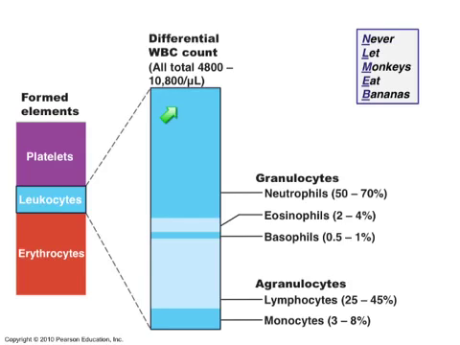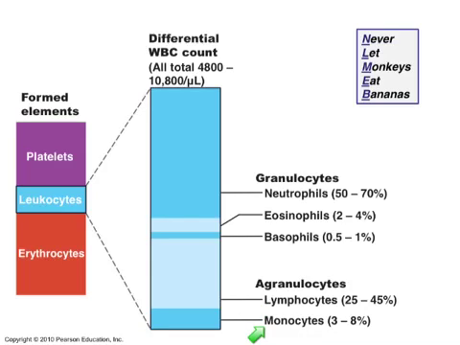Neutrophils are the most abundant white blood cell, about 50 to 70%, so over half of your circulating white blood cells are neutrophils. Lymphocytes are the second most abundant, under half, 25 to 45%.